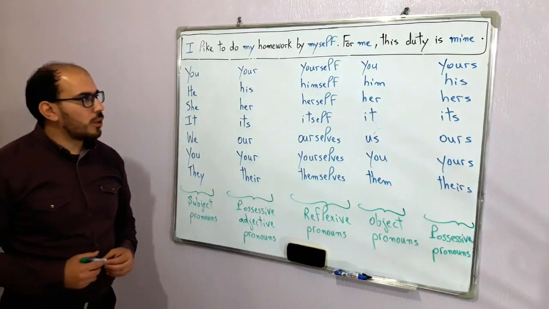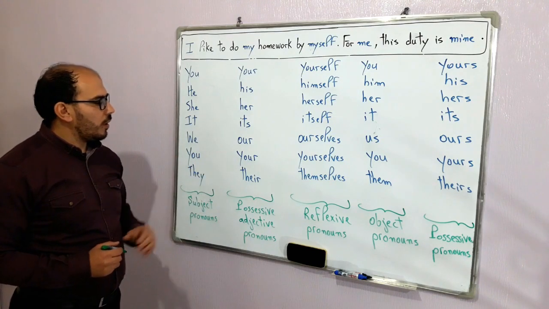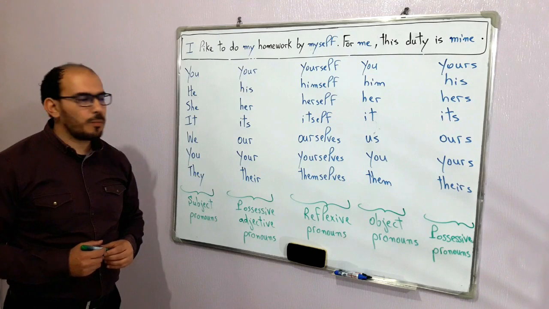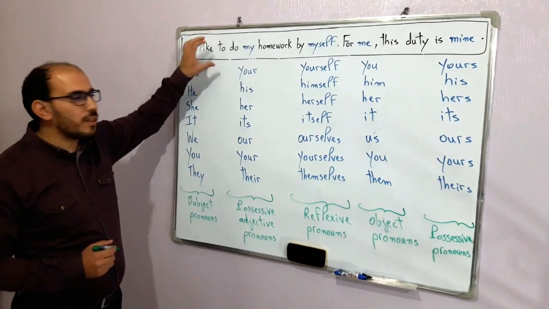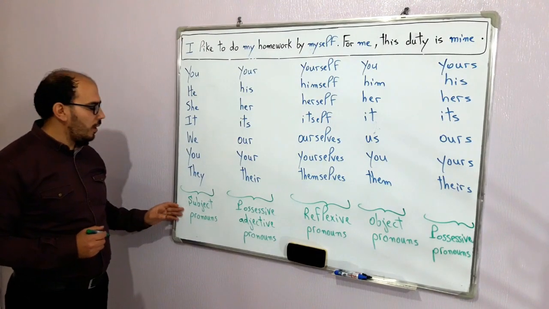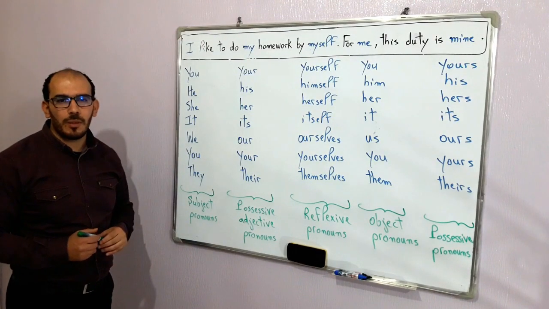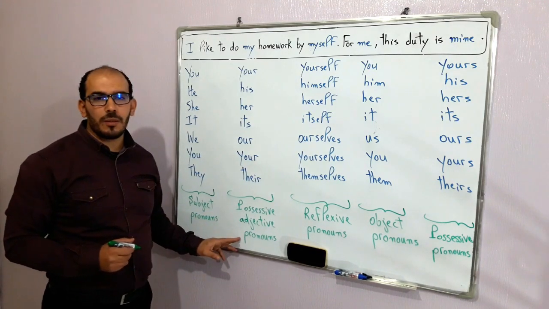So as a conclusion, we have different categories of pronouns. We differentiate between these pronouns with reference to their function in the sentence. For example, when we speak about subject pronouns, they play the role of a subject in the sentence. We say possessive adjective pronouns.